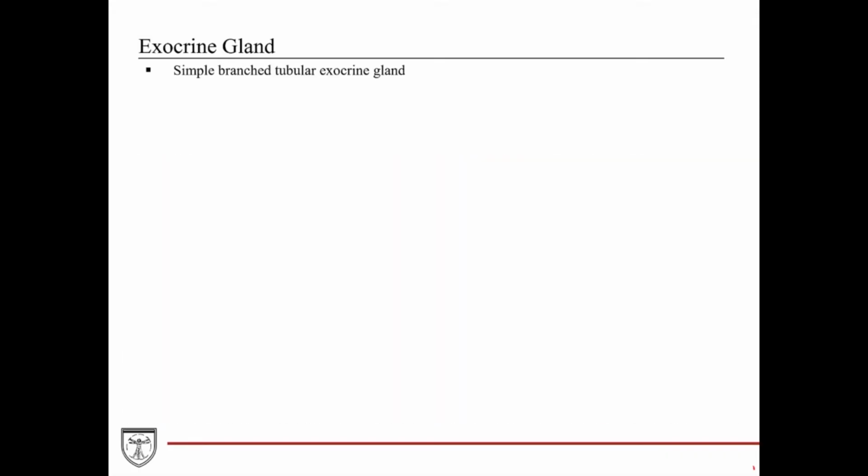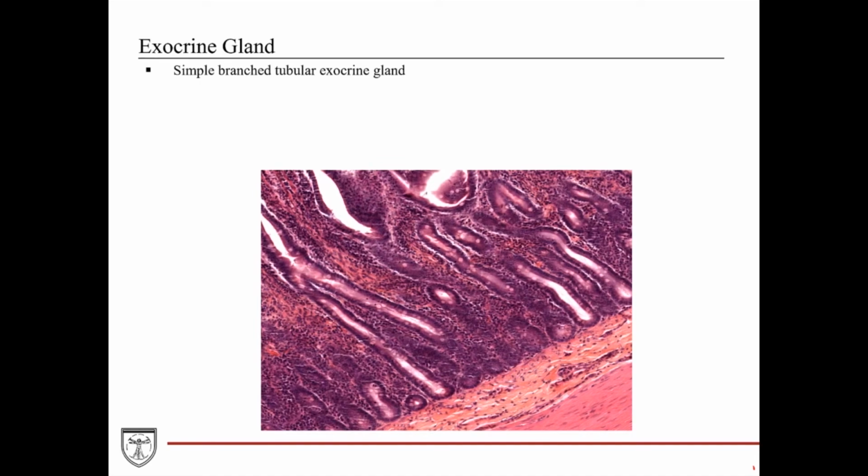Next is a simple branched tubular exocrine gland. So we're talking about a single duct exocrine gland with 2 or more tubule-shaped secretory units draining into it. So such a gland is found right here in this image. Here's the external environment.